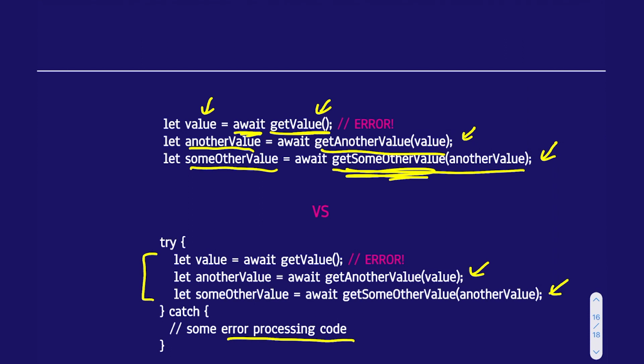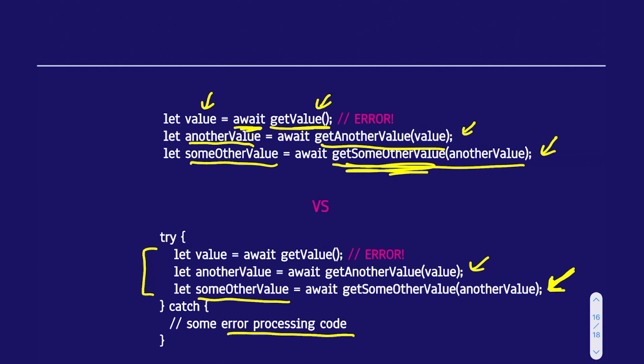And if we didn't have any errors here, then that means that some other value has some sort of valid variable inside of it.